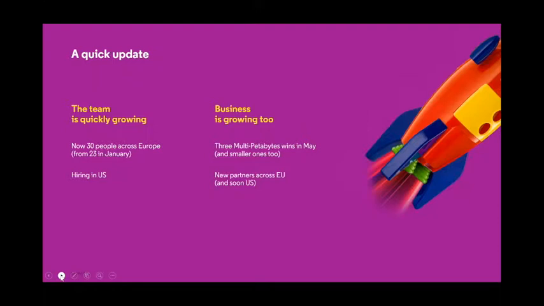From the point of view of the business, we just won 3 major multi-petabyte installations in May, as well as some smaller ones. We are signing agreements all across Europe for selling partnerships, and we hope to sign a couple of new partnerships in the US this month.